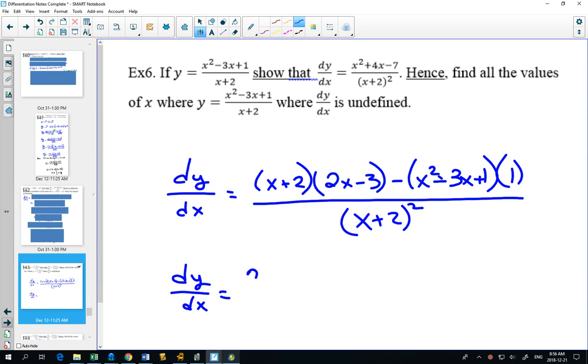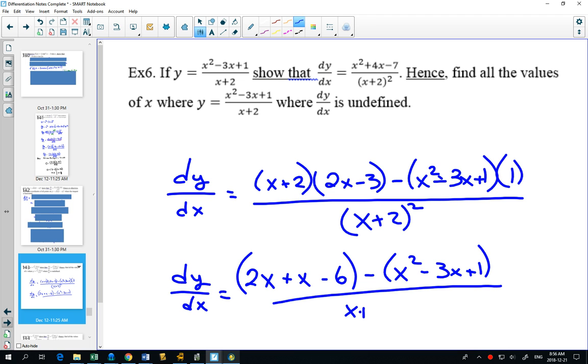So if I distribute here, I'm going to get 2x squared plus x minus 6 minus x squared minus 3x plus 1, over x plus 2 squared. 2x squared.